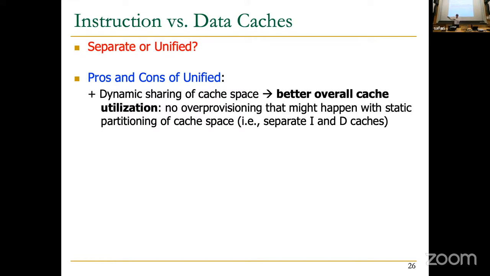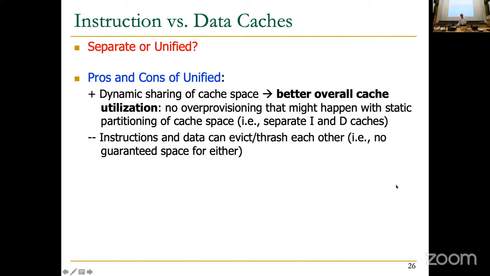If your data working set is 127 kilobytes, you're thrashing your 64 kilobyte data cache, even though you had actually additional 63 kilobytes in the instruction cache that you cannot use because they're reserved for instruction. So a combined cache of 128 kilobytes can actually much better service a 1 kilobyte instruction set plus 127 kilobyte data set, right? Because combined, they're 128 kilobytes. Okay, that's basically the effect of better overall cache utilization.